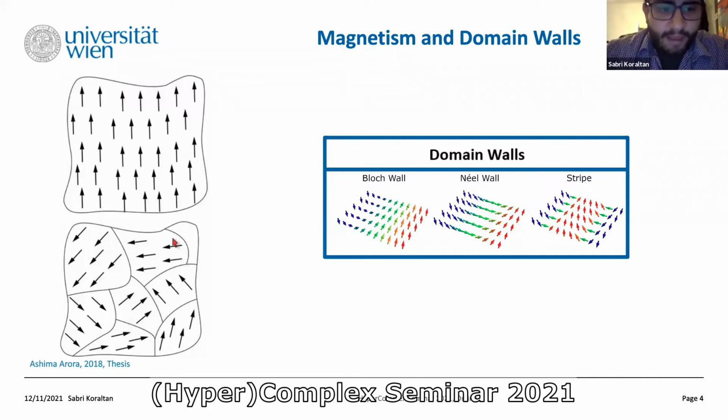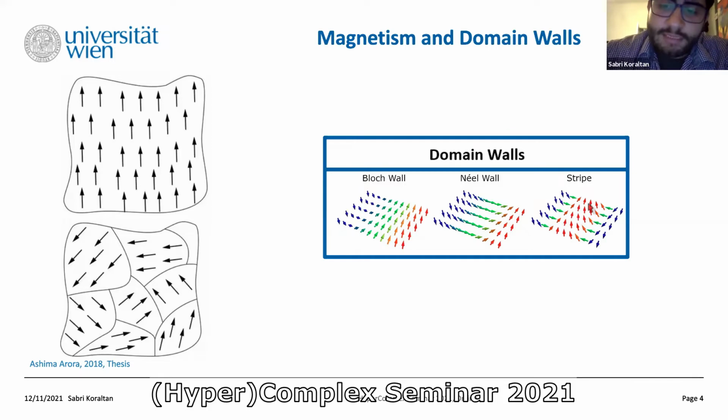So if we have a domain that is not this large, but we have here one domain which points down, and then here a second one which also points down, but we have a very, very thin domain in between, this domain we usually call just a stripe domain.